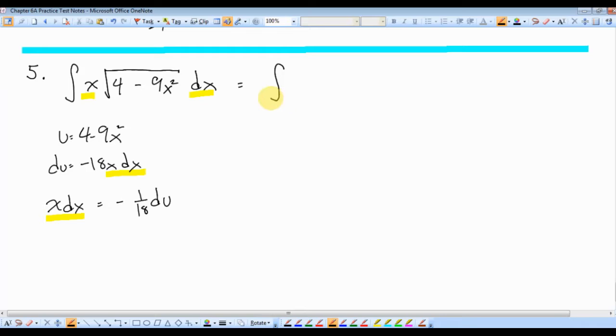This becomes the antiderivative of root u times negative 1/18 du. I'm going to rewrite that: negative 1/18 integral of u to the 1/2 du. Now I'm going to integrate.